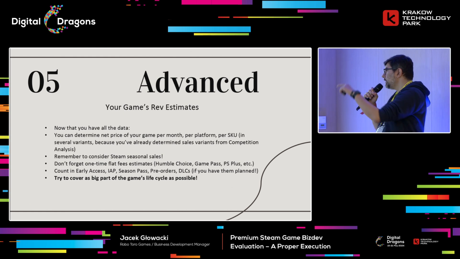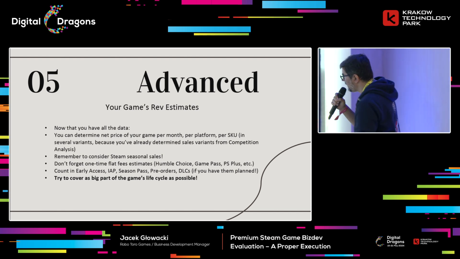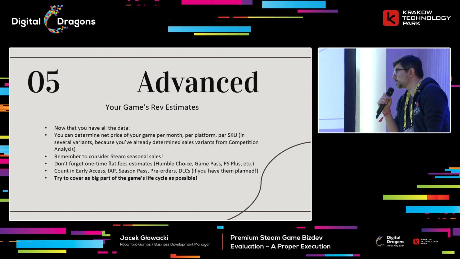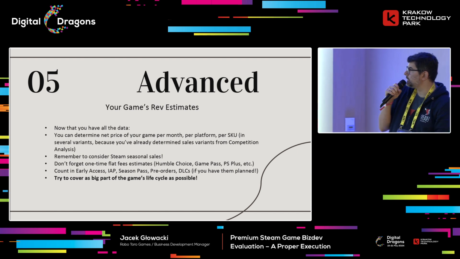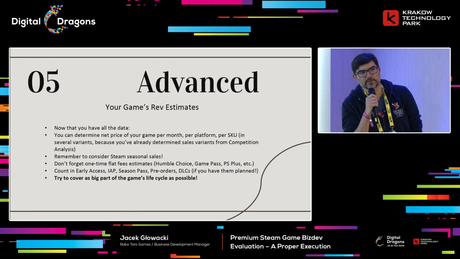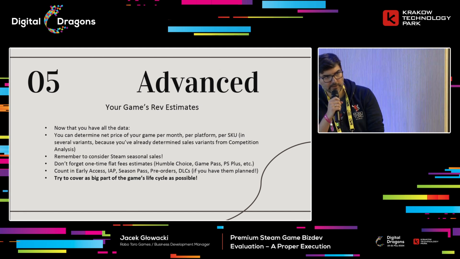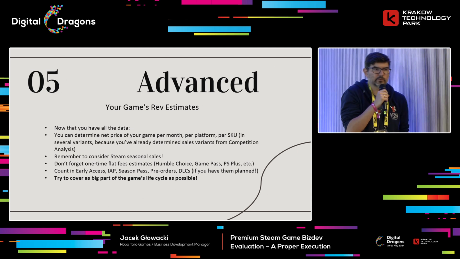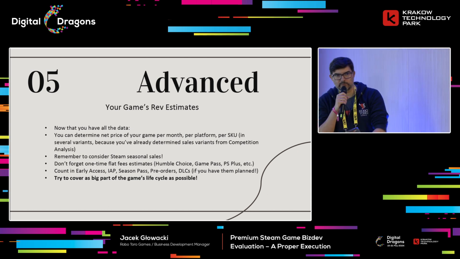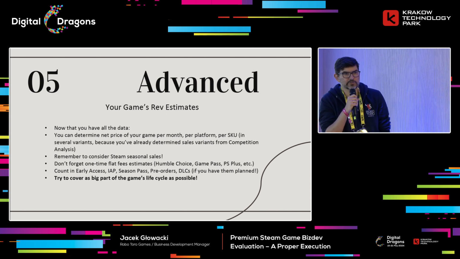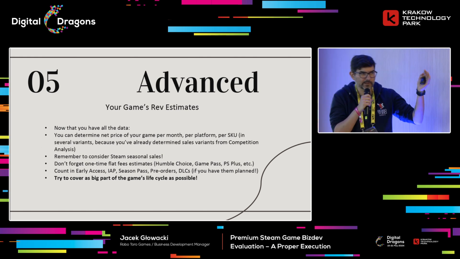Of course, we have to count in early access, in-app purchases, season pass, pre-orders, DLCs if we have them planned, because all of this matters. If you're working on a game in Unreal Engine, for example, you probably know that if you go over $1 million in revenue, Epic will take 5%.